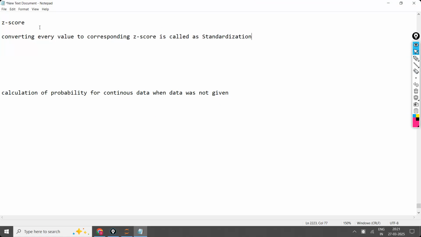Converting every value to the corresponding z-score is called standardization.